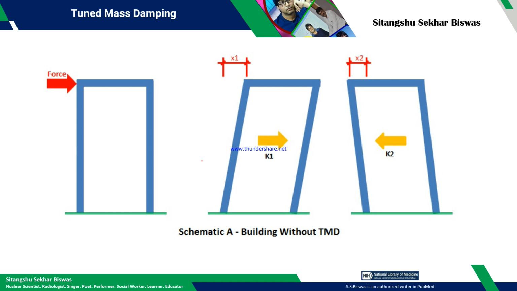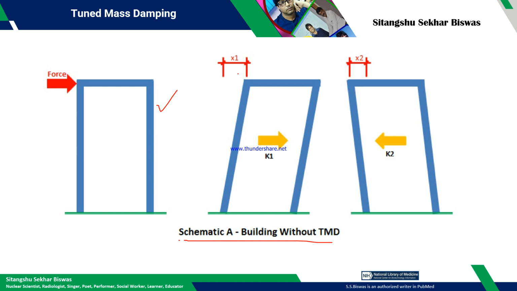So this is one schematic where you can consider a high-rise building or a reactor dome, whatever it may be. Due to wind, or during seismic conditions, this building will try to vibrate.